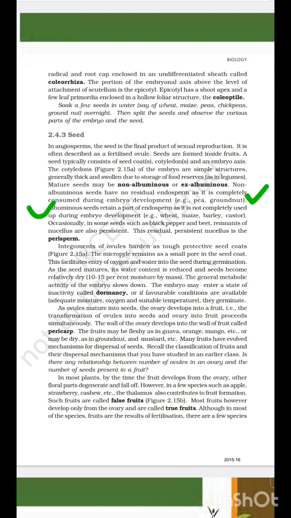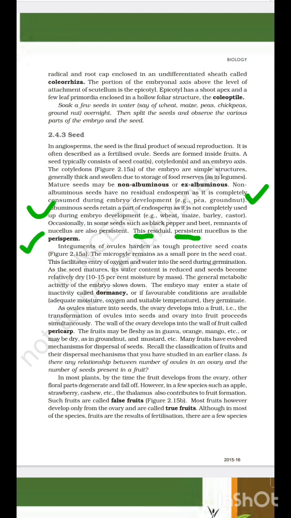Then albuminous seeds retain a part of endosperm, as it is not completely used up during the embryo development. For example, in wheat, maize, barley, castor. Occasionally in some seeds such as black pepper and beet, remnants of nucellus are persistent. This residual persistent nucellus is the perisperm.